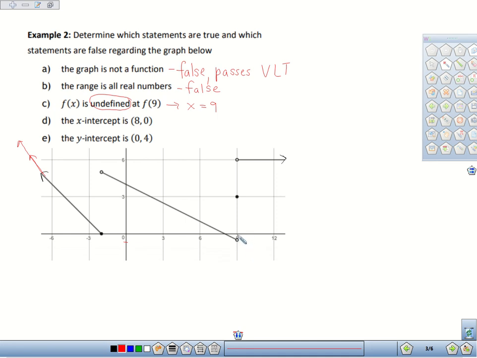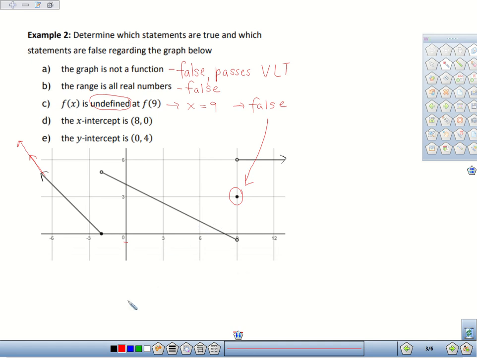When x is 9, is there a point on the graph? Yeah, there is. So that's false. There's a point right here that has x as 9 for the coordinate.